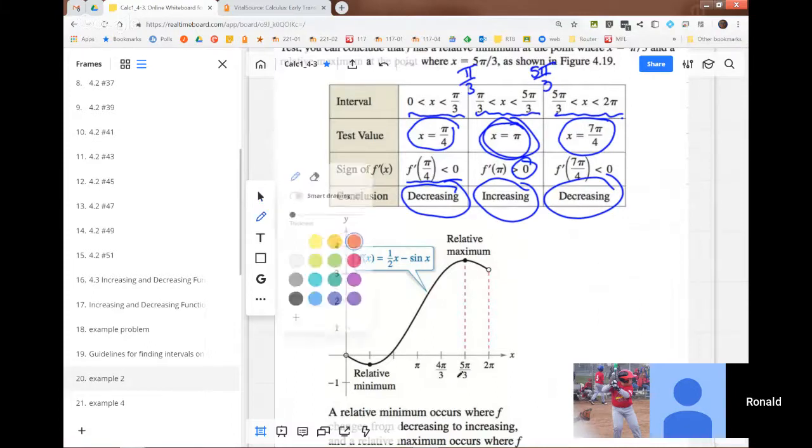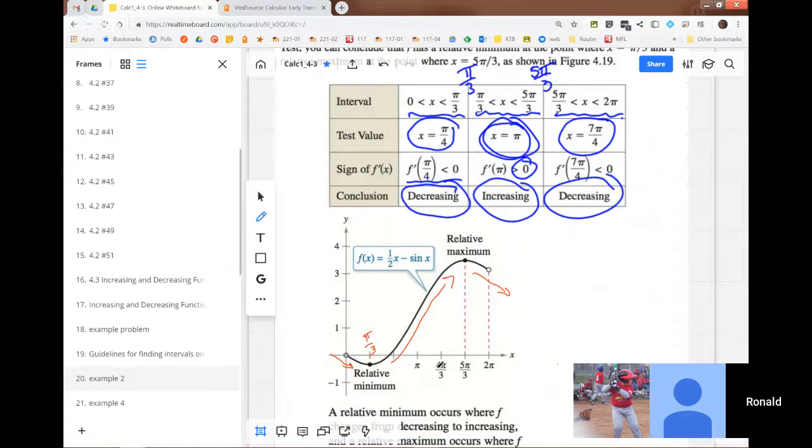They didn't do that. So this is pi over 3. So when you're to the left of that, it's decreasing. When you're between pi over 3 and 5 pi over 3, it's increasing. And after 5 pi over 3, it's decreasing. And that's what we found in our analysis.